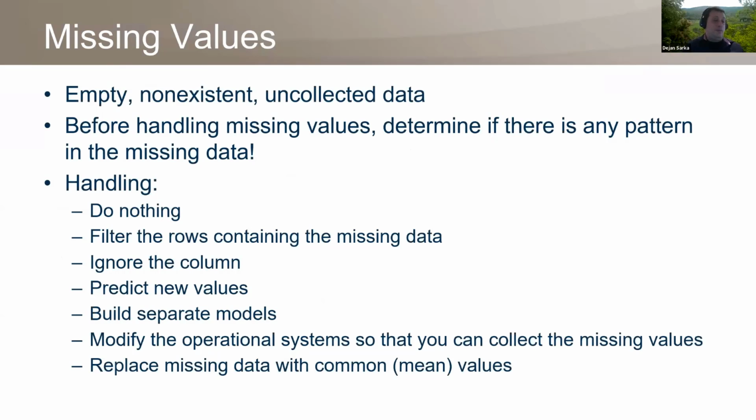So what do you do with missing values? Well, it depends how many of them there are. There are many ways you can deal with them. And the way that I prefer is the second way, filter the rows containing the missing data. However, before you do this, you must have a couple of prerequisites. So rows containing the missing data in any column.